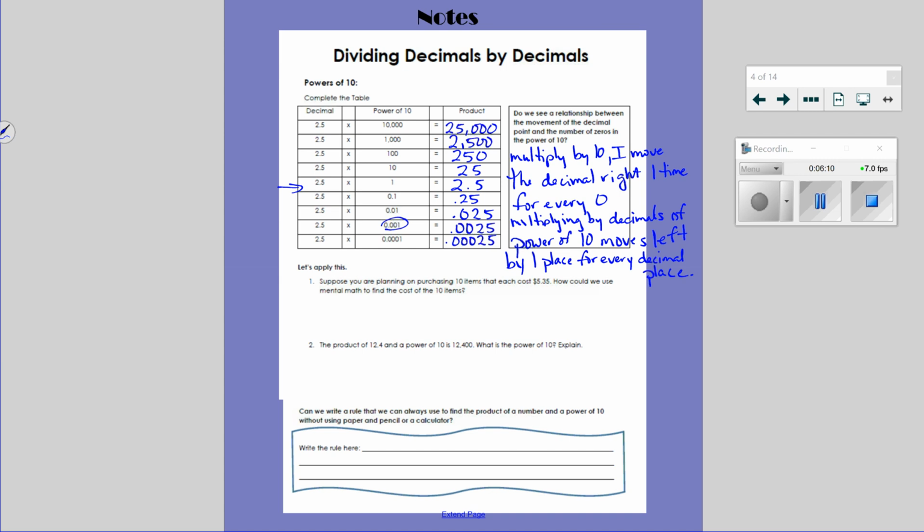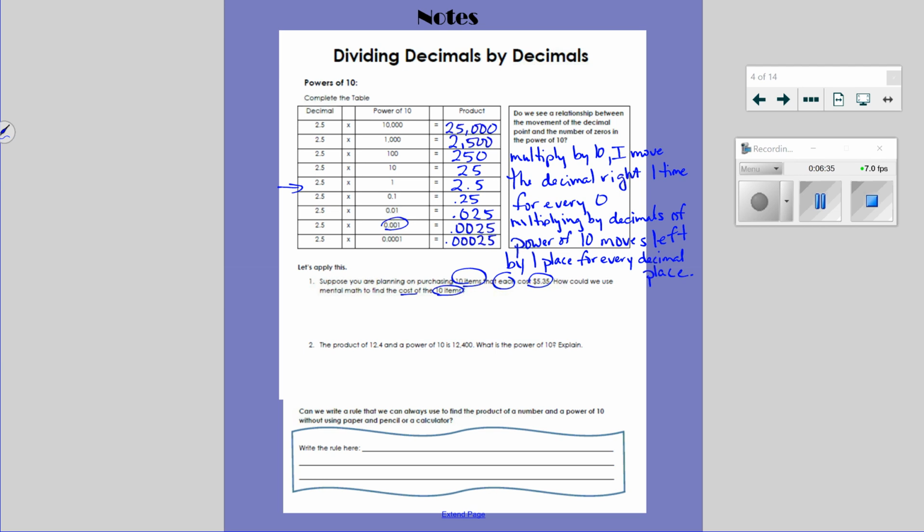Let's keep moving on. Suppose you're planning to purchase 10 items that each cost $5.35. How can we use mental math to find the cost of the 10 items? In other words, I'm multiplying 5.35 by 10. So what am I actually going to be doing? I'm multiplying by 10. Wesley?